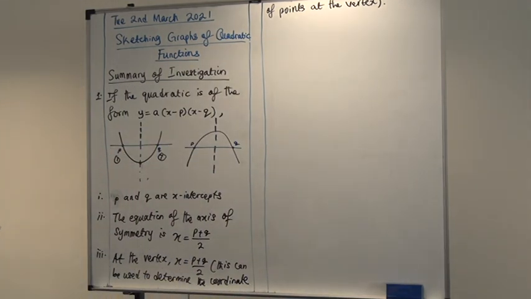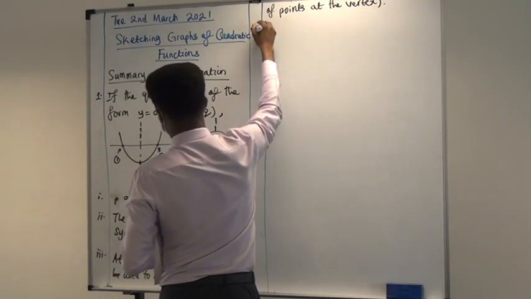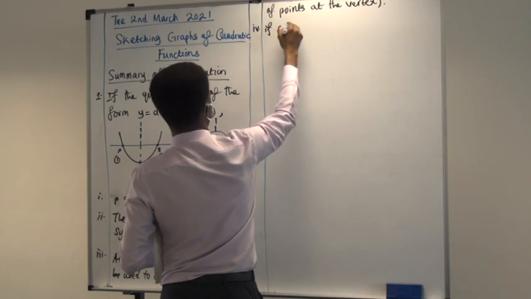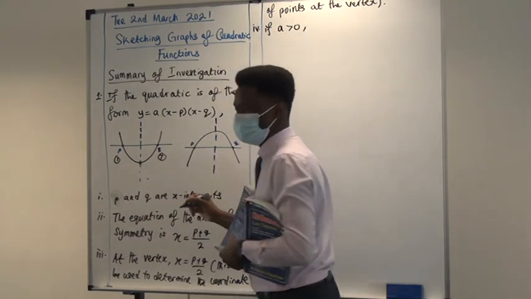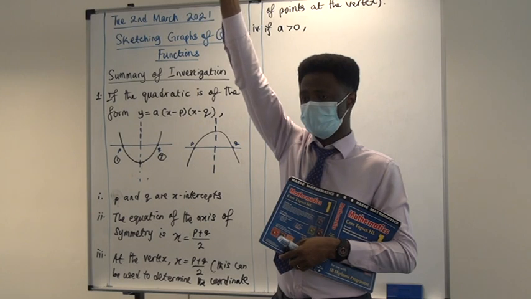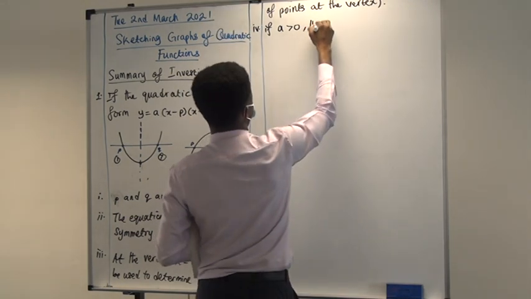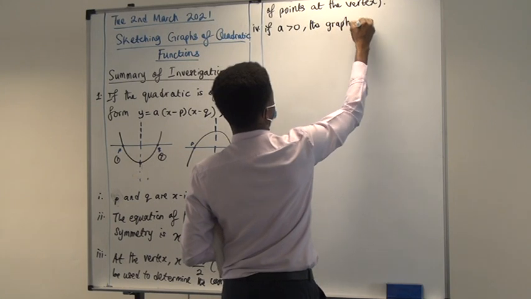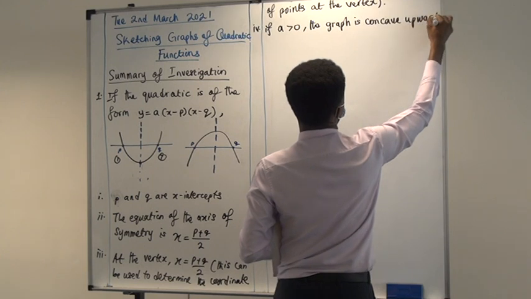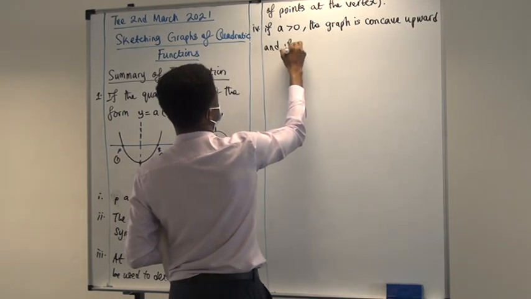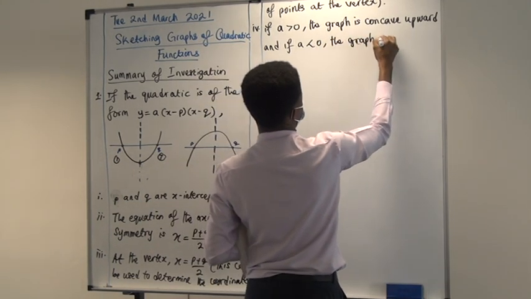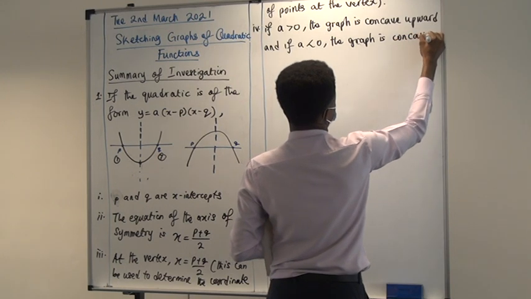The most trivial one, which we never mention, for all quadratics anyway, is that if A is greater than 0, you have a minimum, so the graph is concave upward, and if A is less than 0, the graph is concave downward.